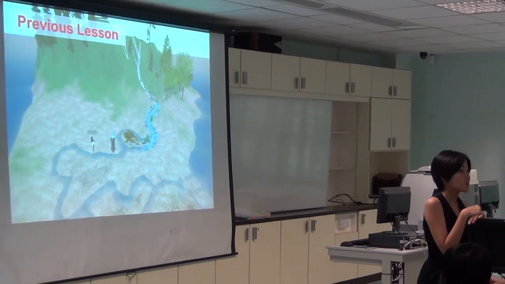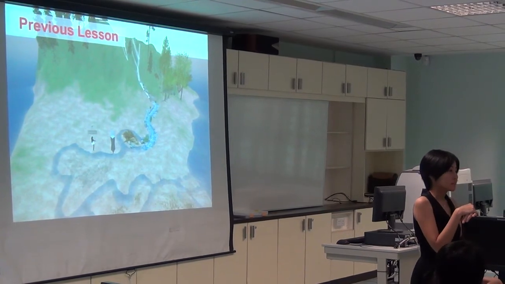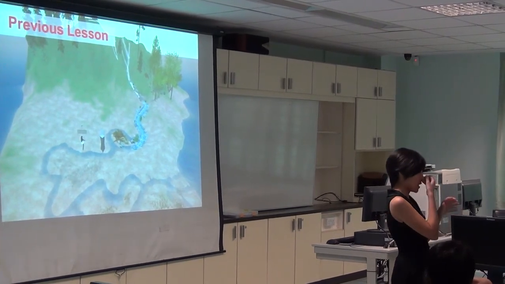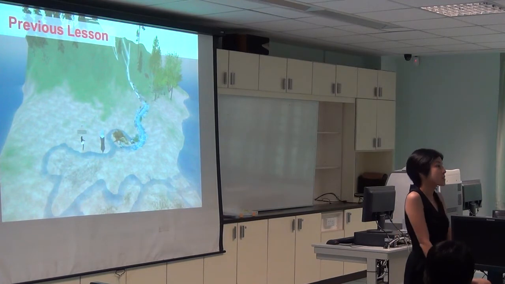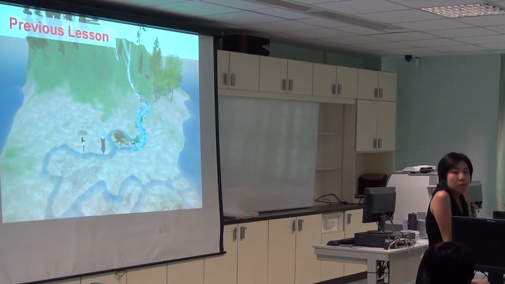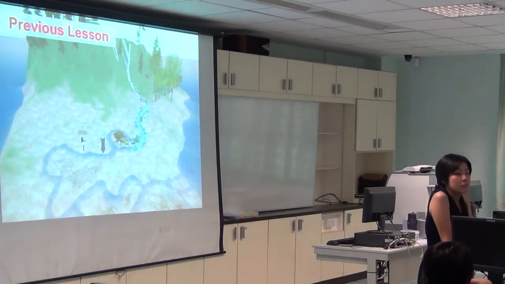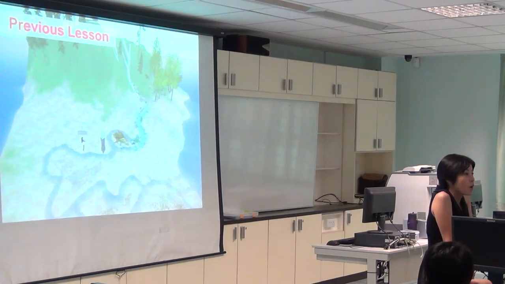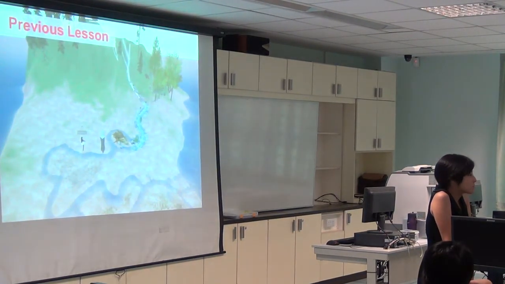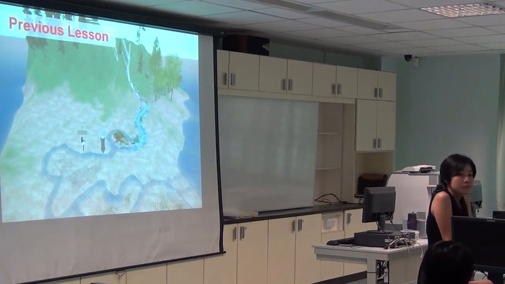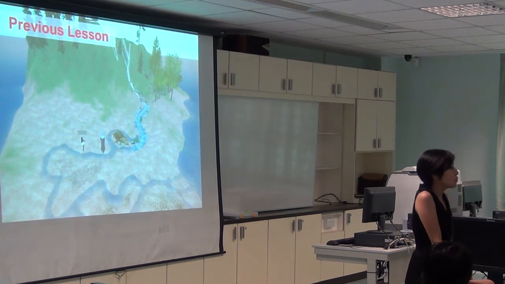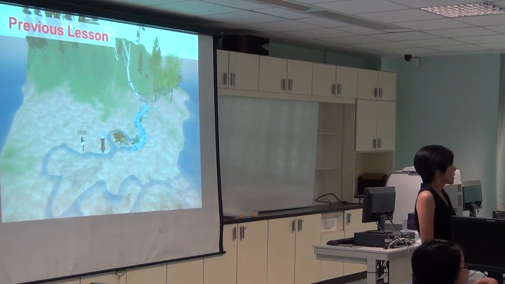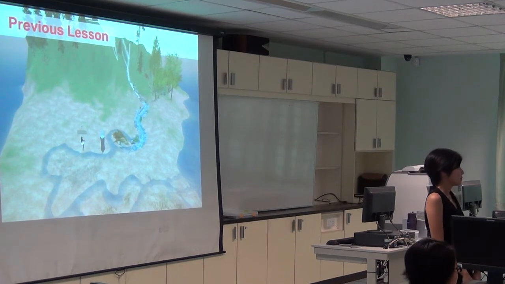Okay, now my next question is why? Why did she say that the river is fast flowing in the upper course? What resulted in the water being fast flowing in the upper course of the river? Anybody? Let's hear from someone else. Cheryl?